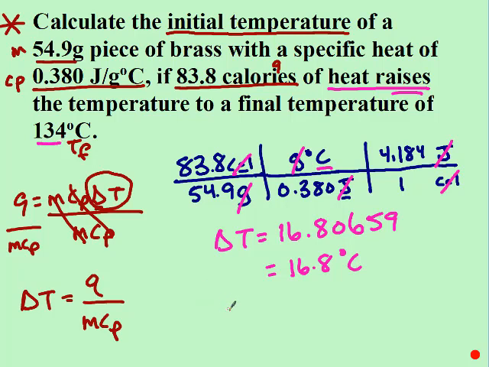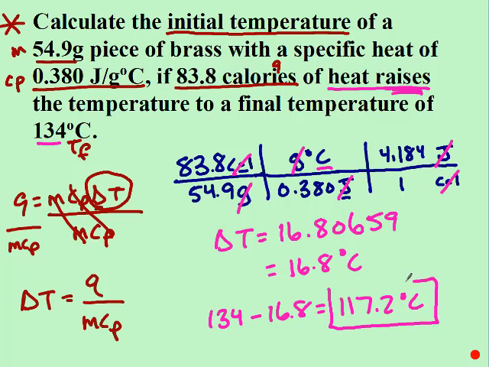So that means that my temperature to start with must have been less than 134 because the heat rose to that temperature. So 134 minus 16.8 gives me 117.2 degrees Celsius as my initial temperature. If you want, you can also just write 117 degrees Celsius.